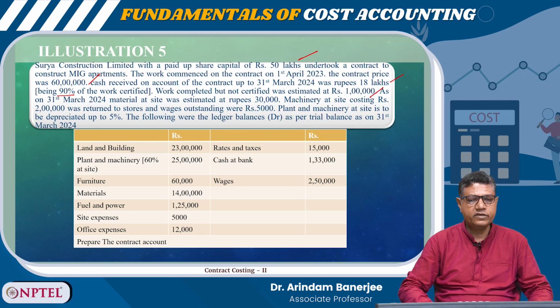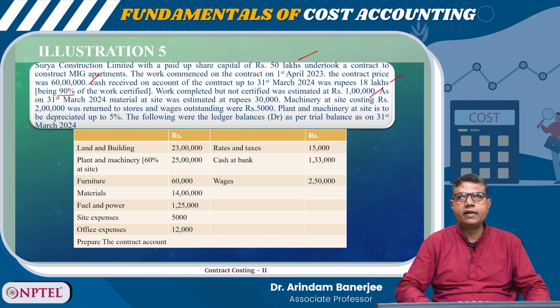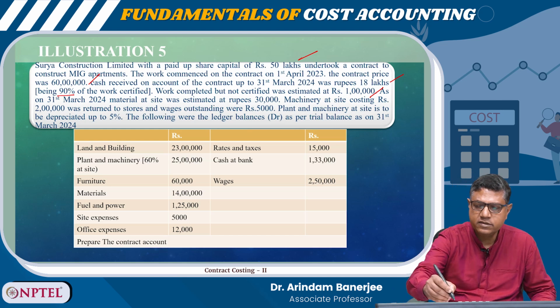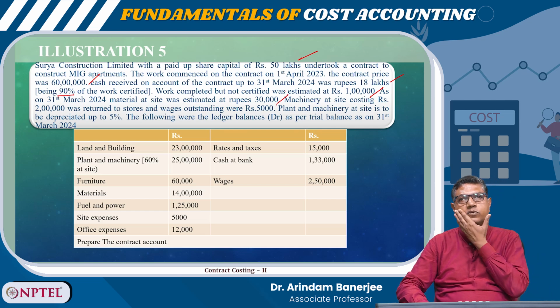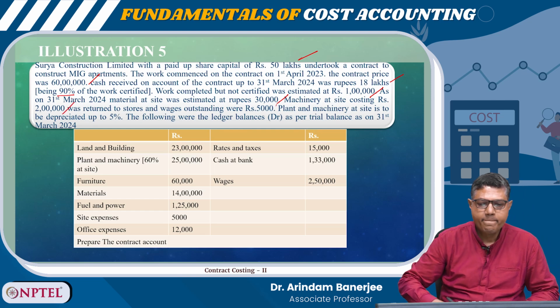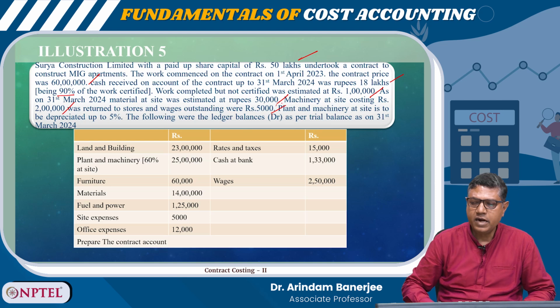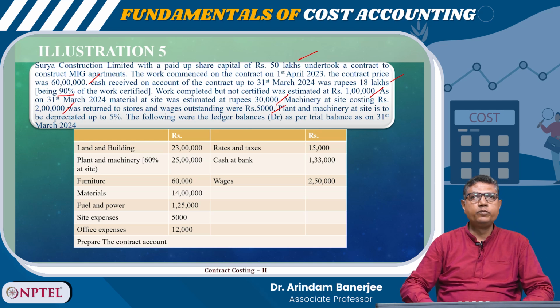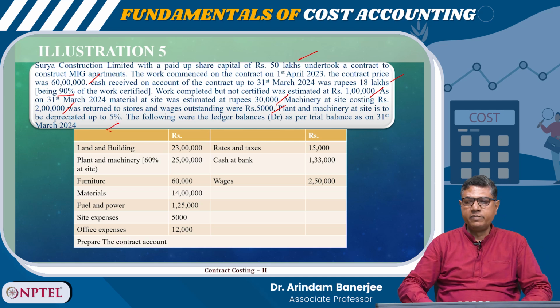As on 31st March 2024, material at site was estimated at rupees 30,000. Machinery at site costing rupees 2 lakh was returned to stores, and wages outstanding were rupees 5,000. Plant and machinery at site is to be depreciated at 5%. The following were the ledger balances as on 31st March 2024.